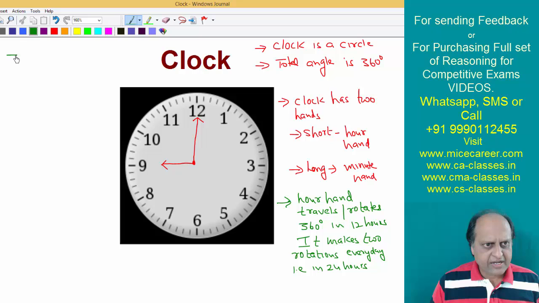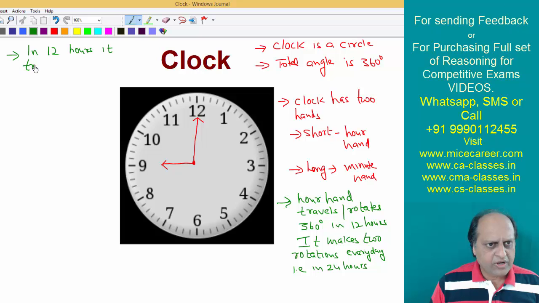Now, the other thing about the hour hand, I think I should erase this. Now, the third aspect regarding the hour hand. In 12 hours, it travels or rotates. I will use the word travels. I like the word travels. It is my choice. It travels 360 degree.